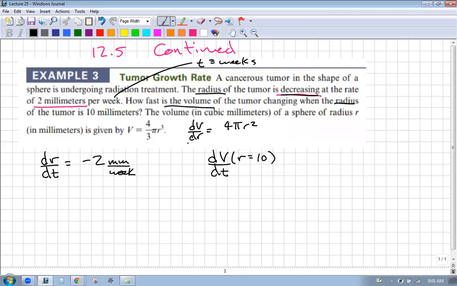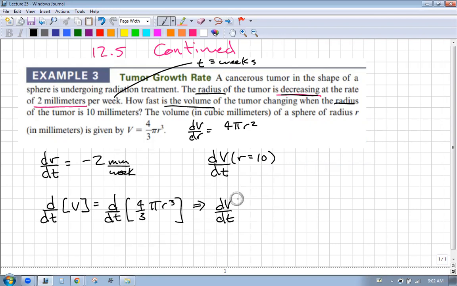But we are not interested in the derivative with respect to R. We're interested in the derivative with respect to time. So if we take the derivative with respect to time of both sides of this equation, all right, over here we just have dV/dt, again, which I like to call V dot.